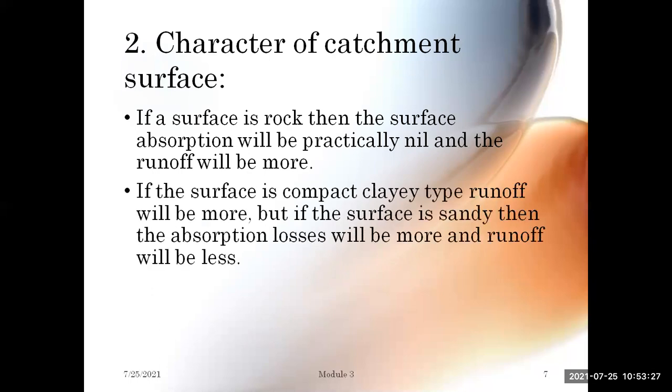Also, if the surface is clayey and compact, the runoff will be more. And if the surface is sandy, then absorption losses will be more and runoff will be very less. That is how the catchment surface affects the runoff value.